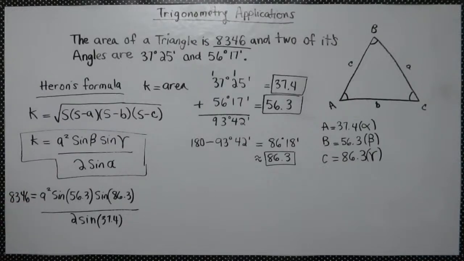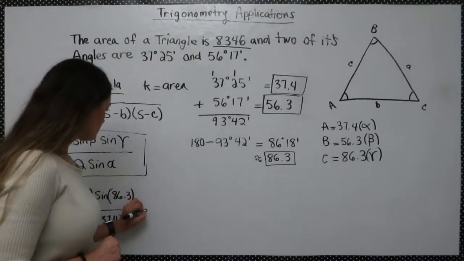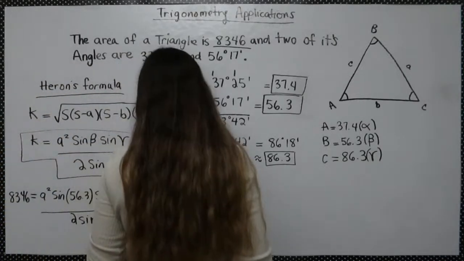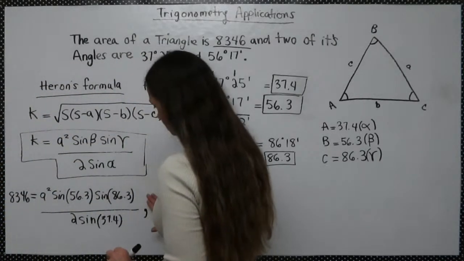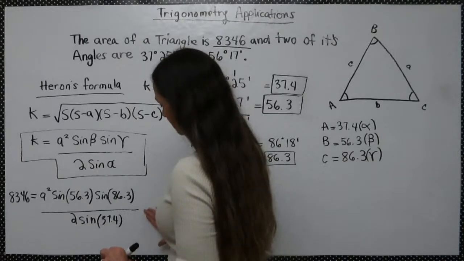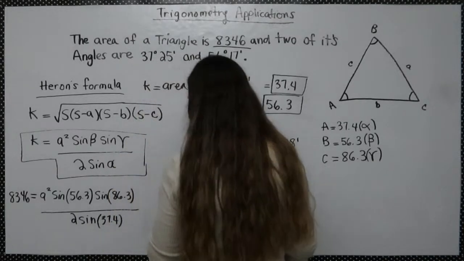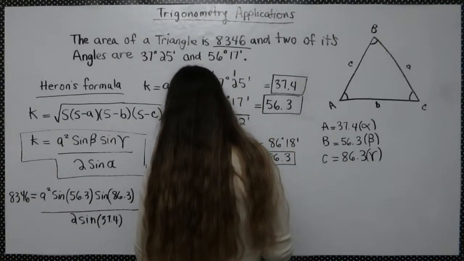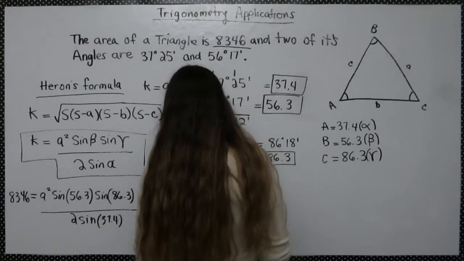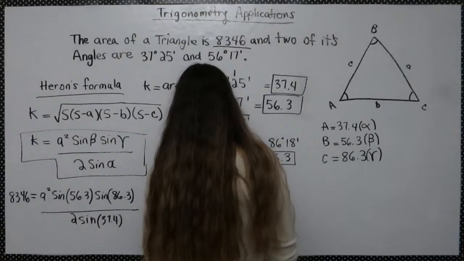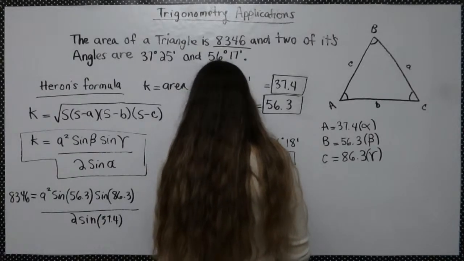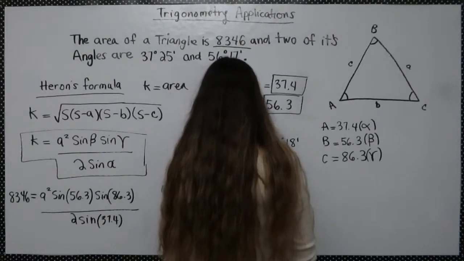So what we're going to do is start by eliminating this denominator in the first step. I'm going to multiply both sides of the equation by this value that's in the denominator here. So we'll have 8,346 times 2 sine 37.4.